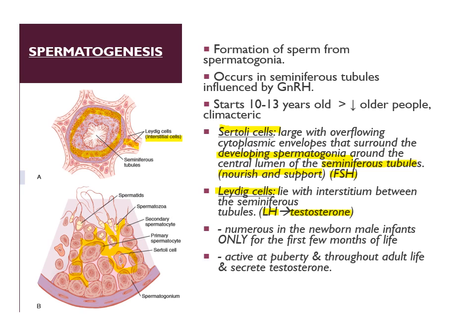Actually, the Leydig cells might be seen in newborn male infants only for the first few months of life, and after that they will disappear until the age of puberty, when the gonadotropic hormone is stimulated and testosterone starts to be released under the influence of the luteinizing hormone.